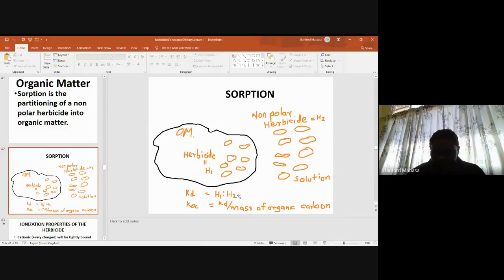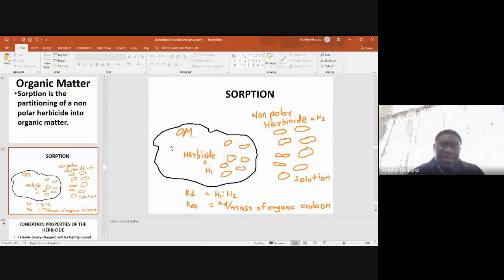This KD value can characterize the nature of the herbicide. There's also KOC, which is this KD divided by the mass of the organic carbon inside this portion, which is absorbing the herbicide through the sorption process.